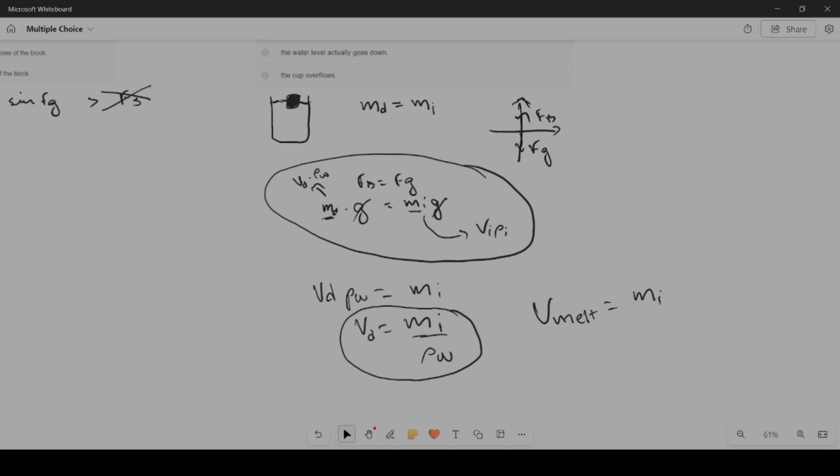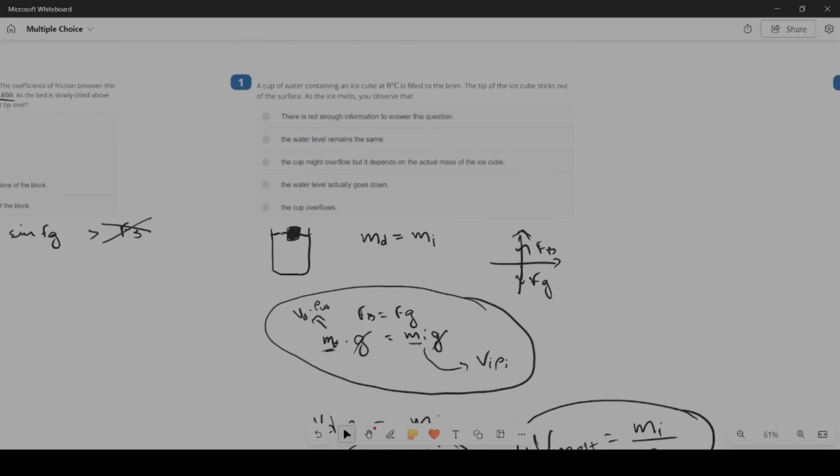So the volume of the ice cube when it melts as liquid water is the mass of the ice cube divided by the density of liquid water, which is what the ice cube is now. And so these two expressions equal each other. So the volume of the ice cube as it melts is the same as the volume of displaced water at any moment when the ice cube is floating. So it never overflows, it never goes down, it remains at the same level.